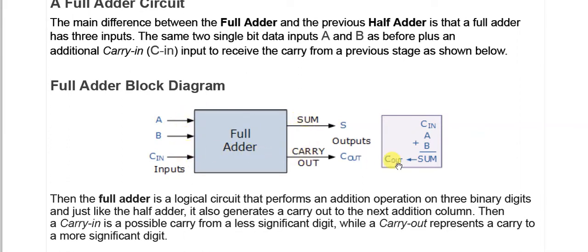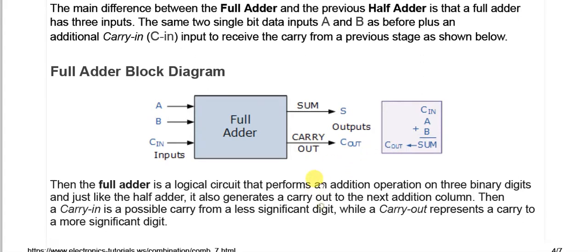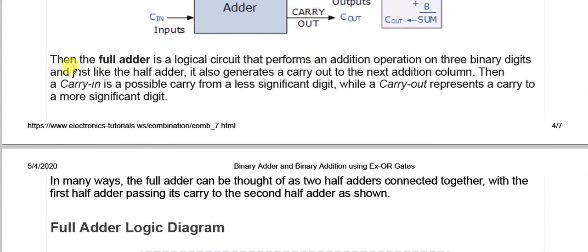But we will look into what is inside, which constitutes this full adder. So we have the carry in here, A plus B. It will be adding these 3 numbers, the 3 inputs, carry in, A and B. It will give a sum and a carry out. The full adder is a logical circuit that performs the addition operation on 3 binary digits, just like the half adder.